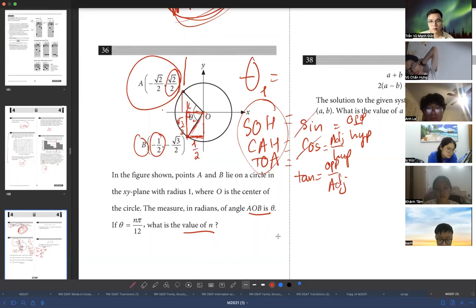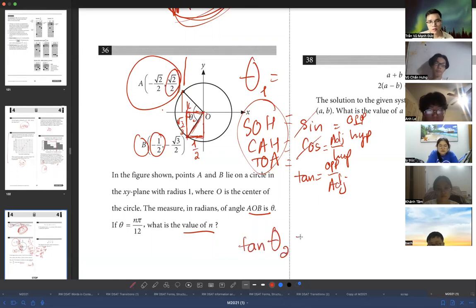Can you tell me tangent phi 2 equals 1/2 over, tangent equals the opposite over adjacent. So square root of 3 over 2, and over 1/2. Right.